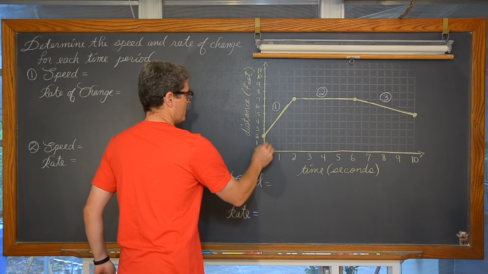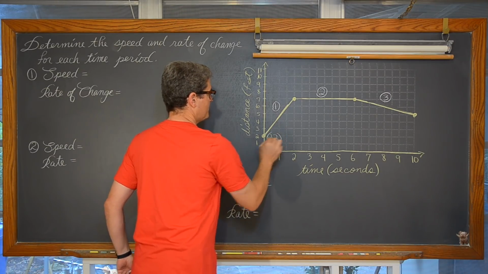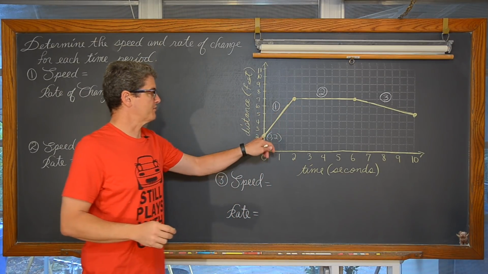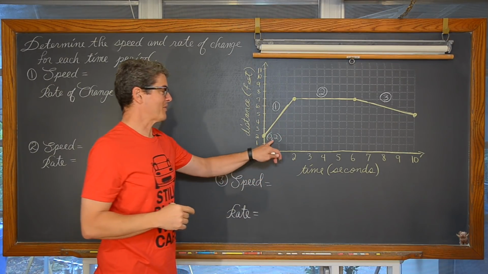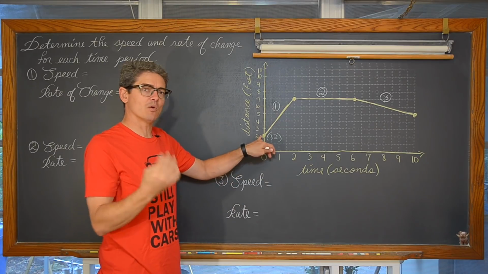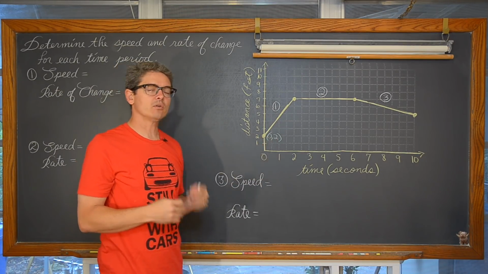To get from this point of 0, 2, and by the way, my graph is intersecting the y-axis here at the value of 2, so that would be called a y-intercept. Whenever your x value is 0 in a coordinate, you're looking at the y-intercept.